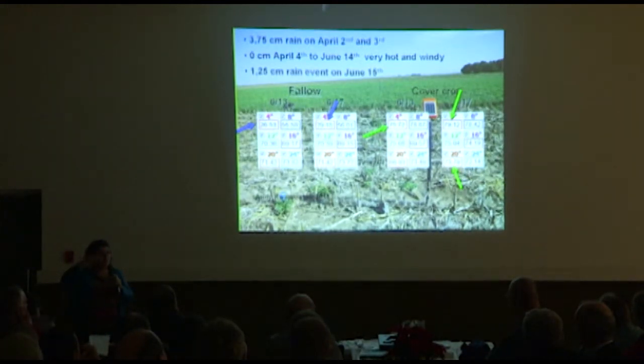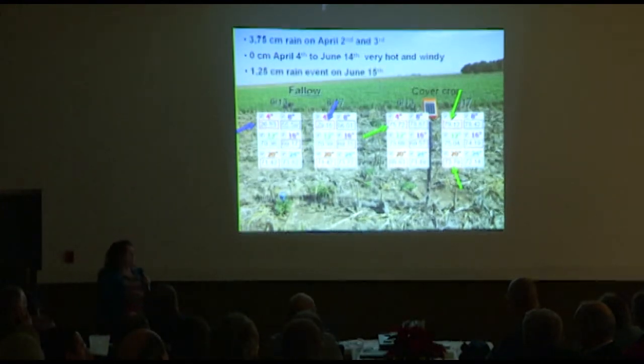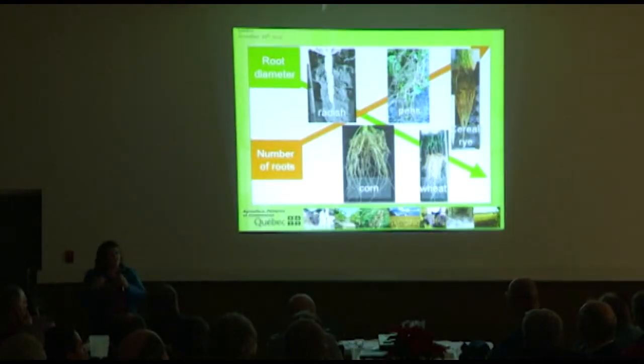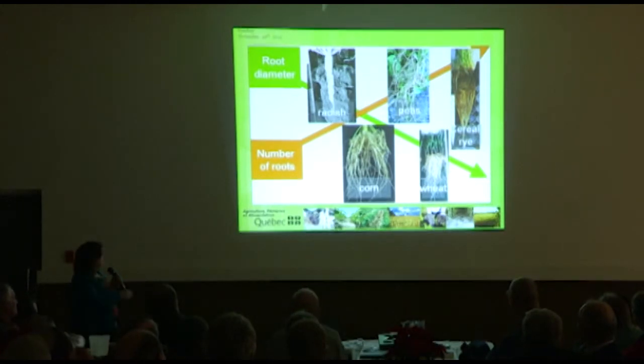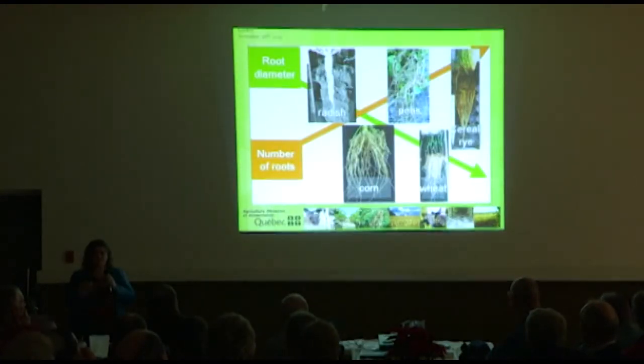So the roots not only help with soil stability, but they also work on water management. And this is where you have to choose the roots that you're going to be working with. I like to work with a lot of different roots, but I'm going to choose the roots that I put in with respect to what my soil needs.